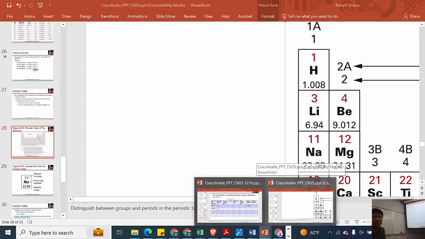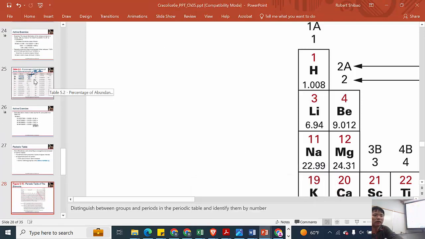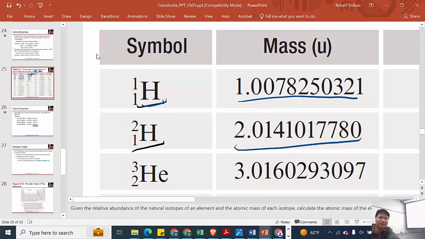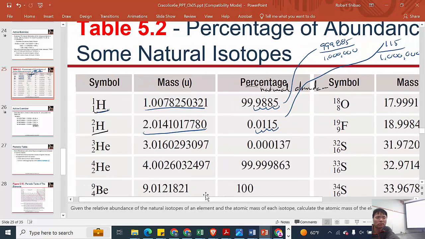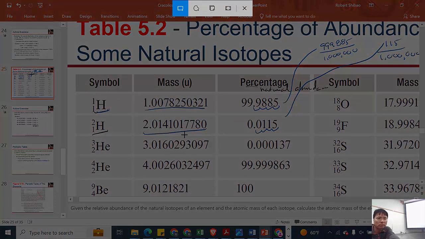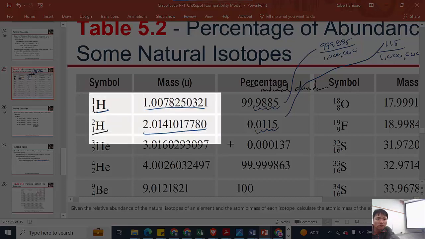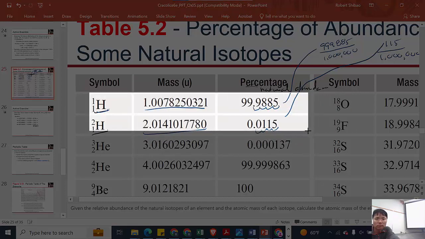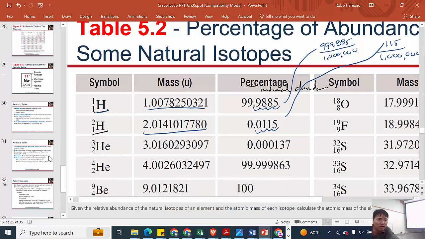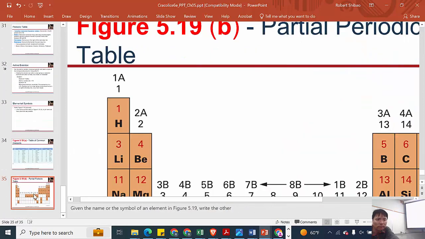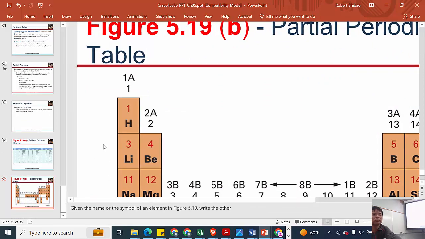And so I'm going to take the data here off the table and use this to calculate the average down here.